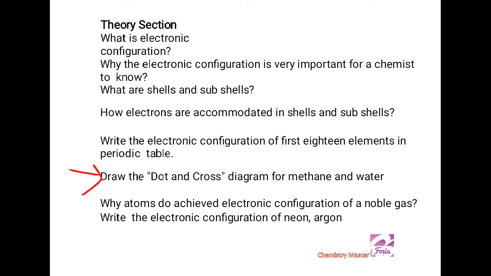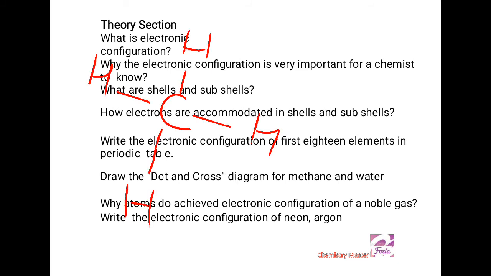Now the next question is, draw the dot and cross diagram of methane and water. For this practice, you need to write the correct molecular composition of the compound methane, that is CH4. Now the carbon is the central atom. Look at the number of protons in the carbon atom. Now out of these 6 electrons, only 4 electrons are present in the second shell. So we are going to write only the outermost electrons, or the valence electrons.